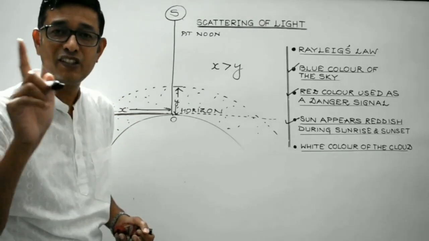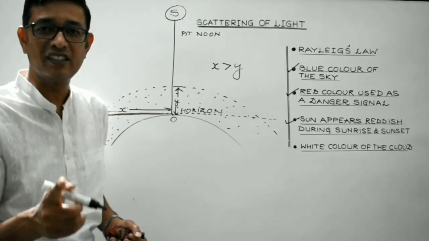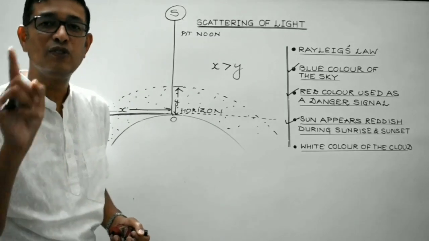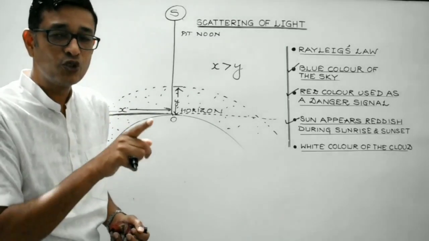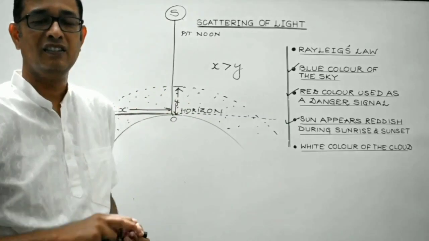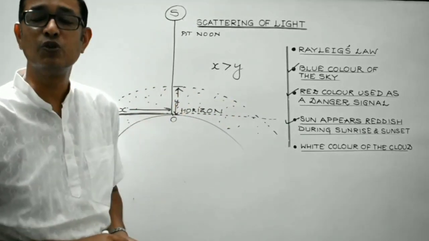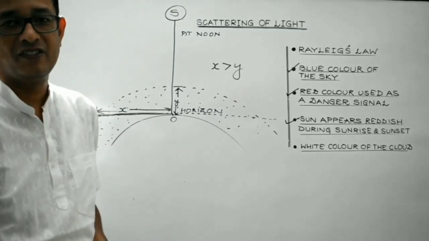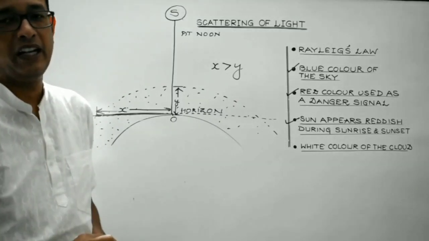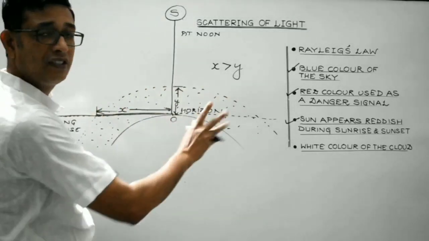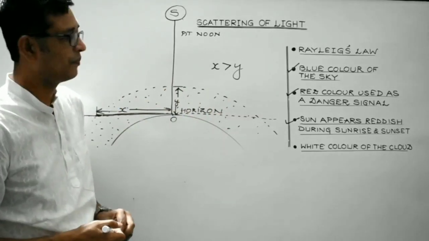So that is the reason why during sunrise or sunset, only the light of longer wavelength tends to reach the observer's eye. As a result, the sky or sun appears to be reddish. So this is the reason behind it. I hope you have understood this concept, right?